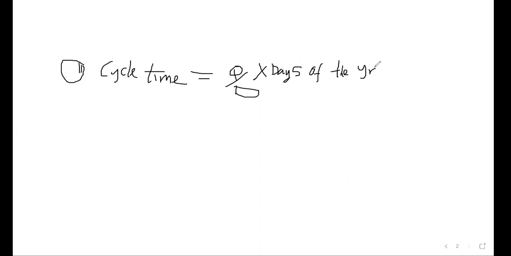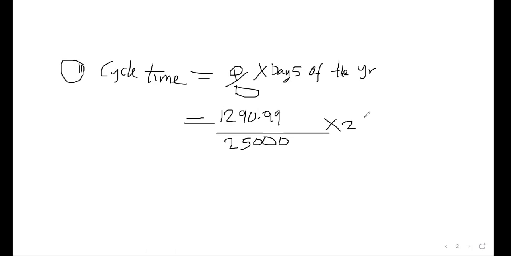So from here you can see now that our Q is what we have found, which is 1,290.99. Then we divide by our annual demand, which is 25,000. Then from here, you multiply by the days of the year, which is 250.